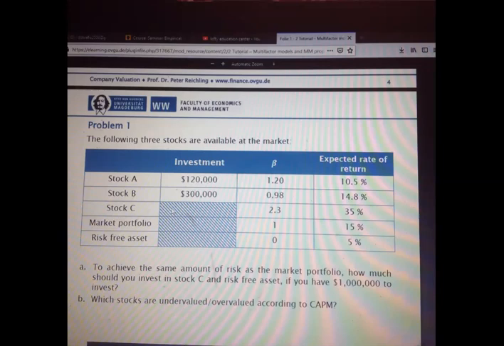Okay, so let's start by solving it. With this type of question, there are some key things that you are supposed to look at. They said to achieve the same amount of risk as the market portfolio, right?